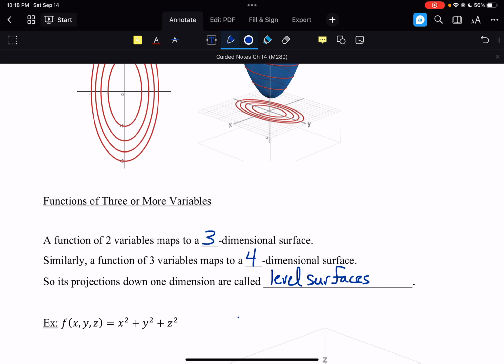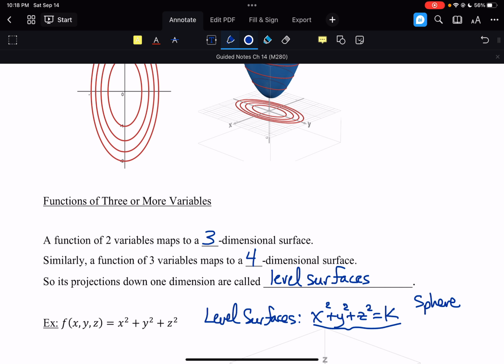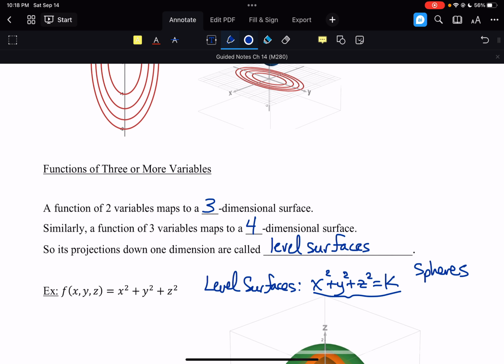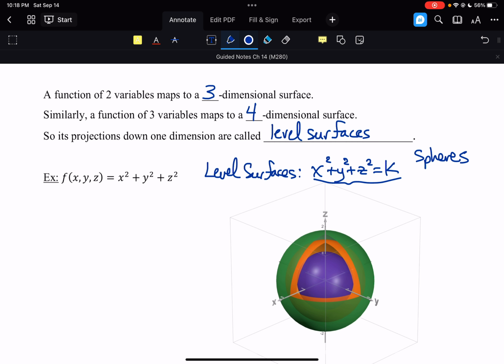But if we take the level surfaces, we set this equal to a constant, say k. This is an equation that we know, right? This is an equation of a sphere. And it would be concentric spheres, and they would look something like this.